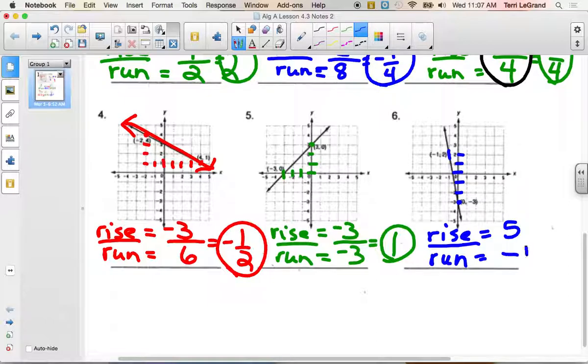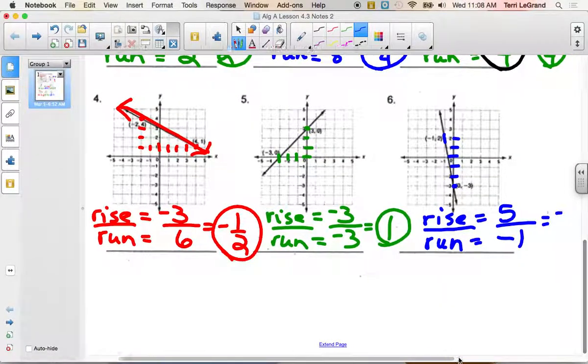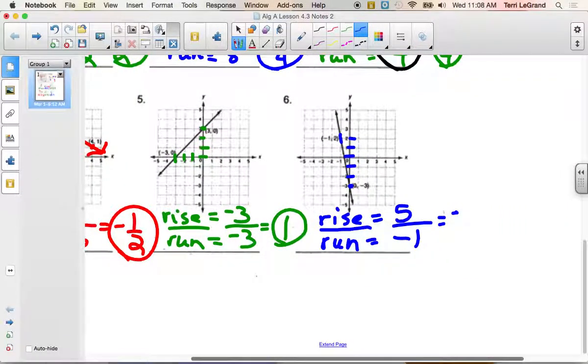So -1. Positive divided by a negative is a negative. And 5 divided by 1 is 5. So we end up with a -5 for our slope.